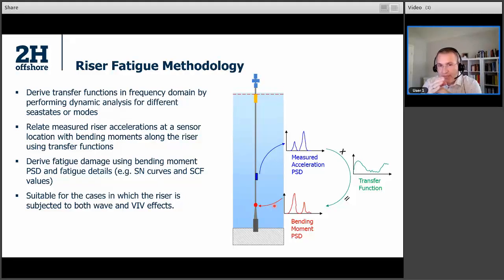Since your measured acceleration PST includes all the information related to riser wave response and VIV response, all you need to do is use the transfer function to get the bending moment, and this includes the stresses due to both wave and VIV.